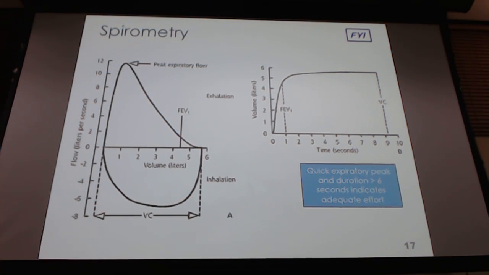So we're getting this volume, which is our vital capacity, and we're getting this measurement, which is our forced expiratory volume after 1 second. Between the two of those, we should be able to say whether it's normal function, whether there's something wrong with the flow, an obstruction problem, or whether there's something wrong with the actual volume of the lungs, or our vital capacity.